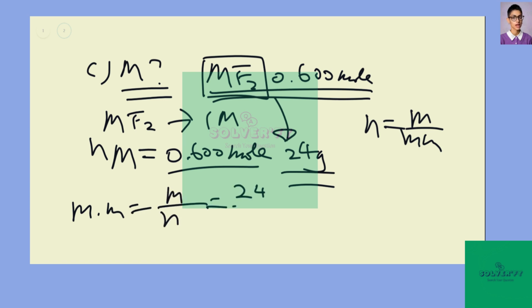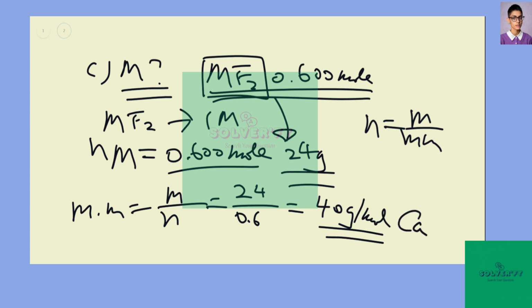So we have 24 divided by 0.6, and we should be able to find that it is 40 gram per mole. Okay, the next step is we're going to our periodic table and look for a metal that will have roughly 40 gram per mole, and we should be able to find that it is calcium.